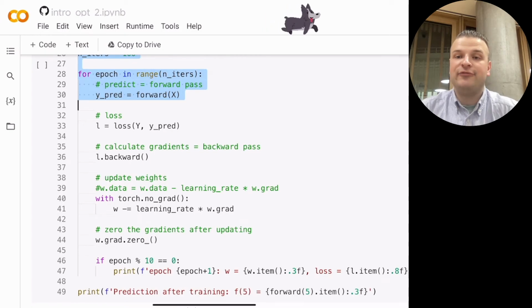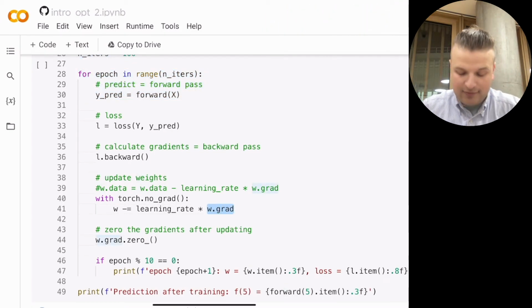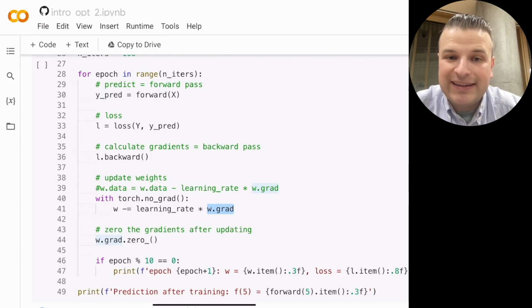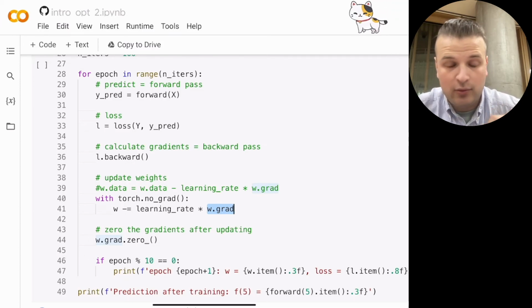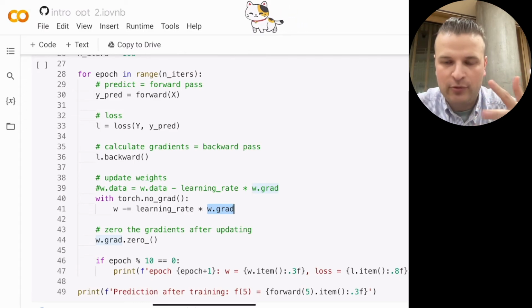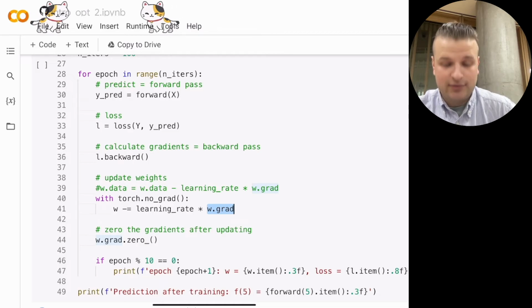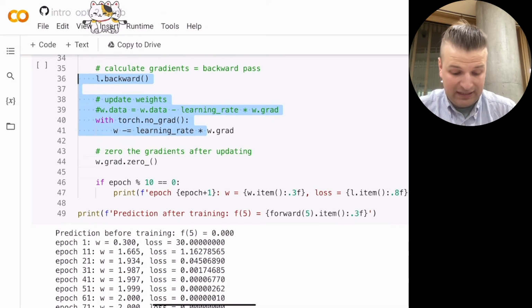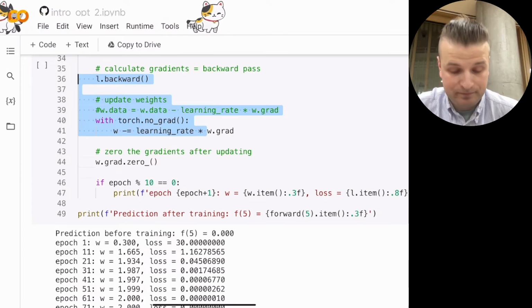That's why after I called a backward pass here, I can go to the grad field in my object W, and I have a tensor or a matrix or a scalar, it depends on the shape of W, of gradient here. And again, gradient descent, right? That's the gradient here.